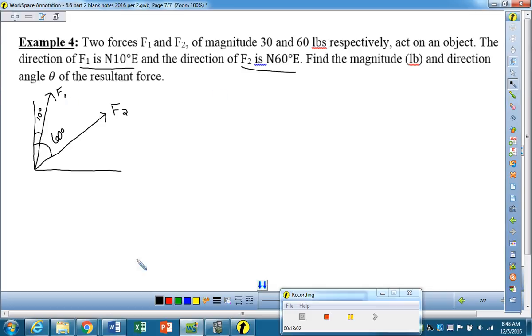All right, so let's talk about the direction angle theta that we would use for each force. What would be our value of theta for force 1? All right, great, 80 degrees. So we're going to subtract that little 10 degrees from 90. What's the value of our direction angle for force 2? Great.